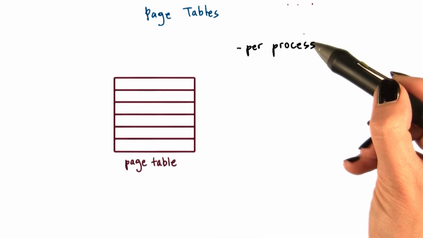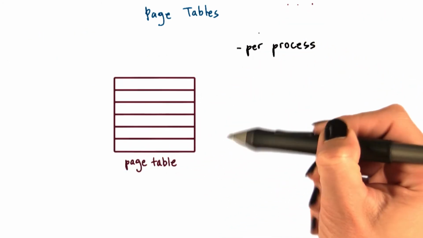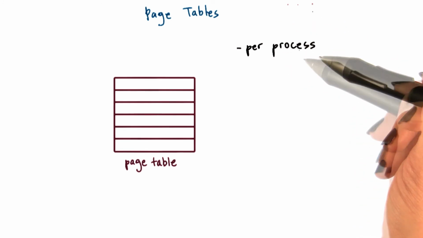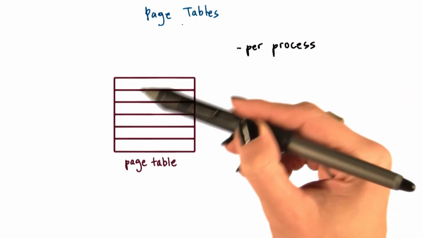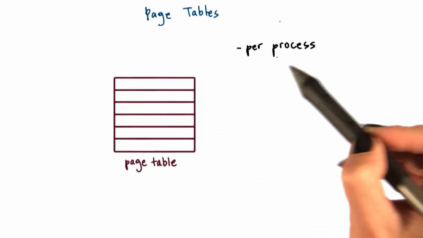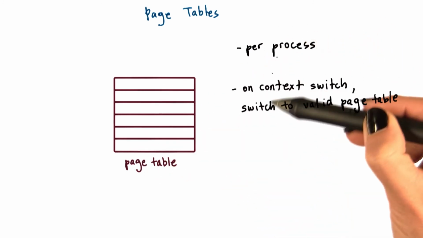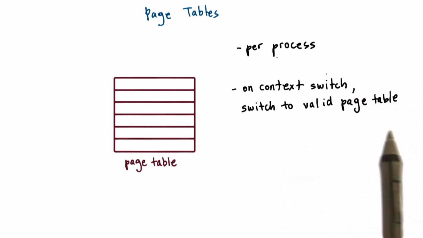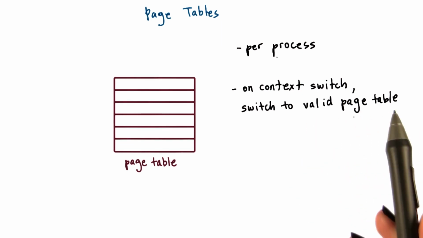So as a final note, to summarize, the operating system creates a page table for every process that it runs. That means that whenever a context switch is performed, the operating system has to make sure that it switches to the page table of the newly context switched process.